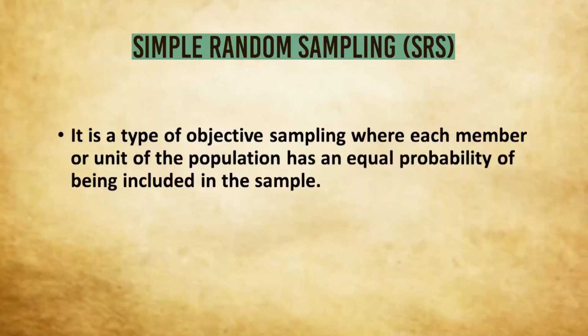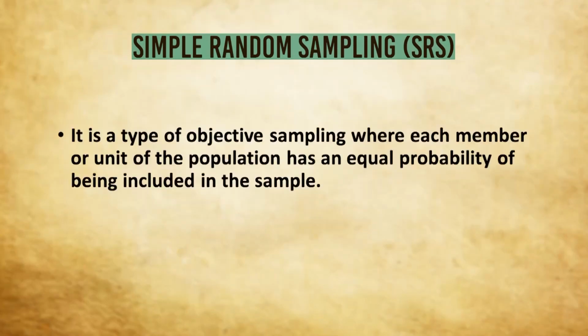But when we want the sampling rule to be given from outside and whoever is the sampler, he'll get the corresponding sample, then we will follow objective sampling. In our course of study, we shall consider objective sampling. And the most important of objective sampling is simple random sampling.